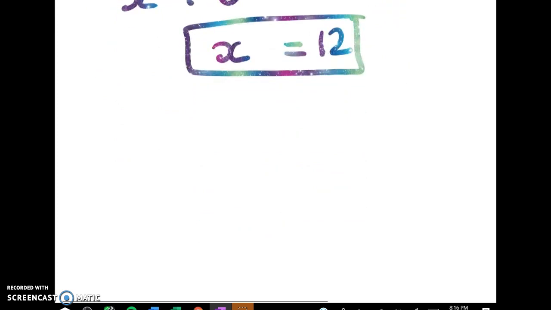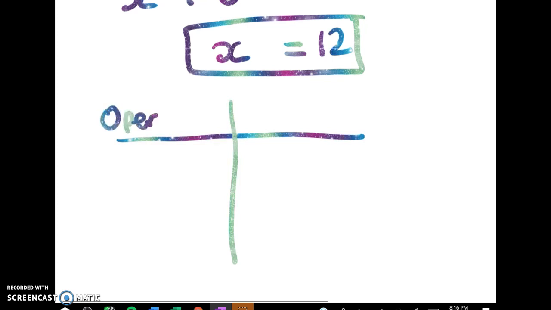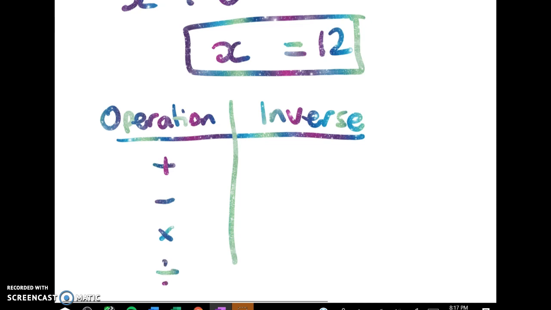What you have to know to be successful with solving equations are 4 operations and what we call their inverse operation. Inverse is just a name for opposite, and you know these. You've known them since you were quite young, but you've never thought of them before as inverse operations. But it's good in maths to know the names of the terms we're talking about.